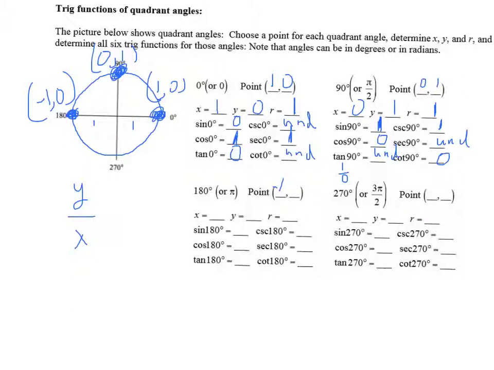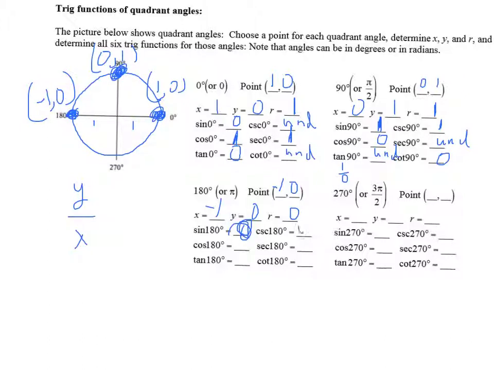So I'm assuming you did stop, and now you're looking back at this, checking your work. Sine is the same thing as the y, which is 0.